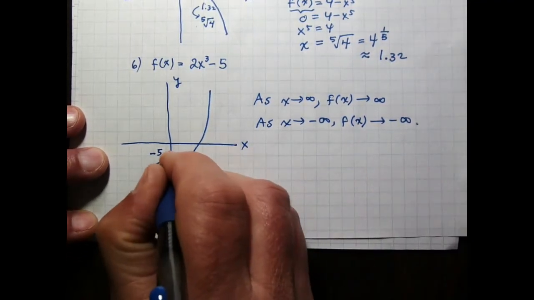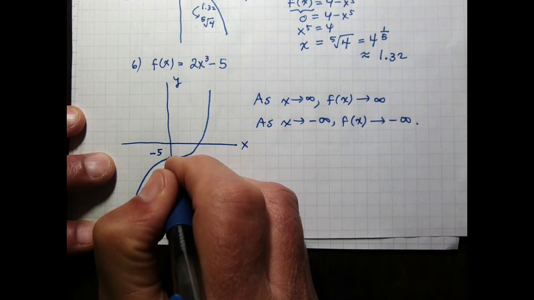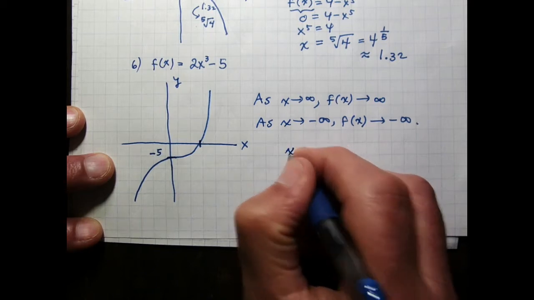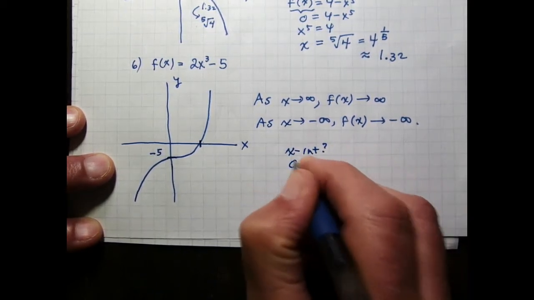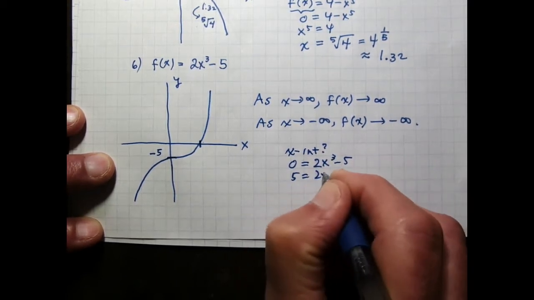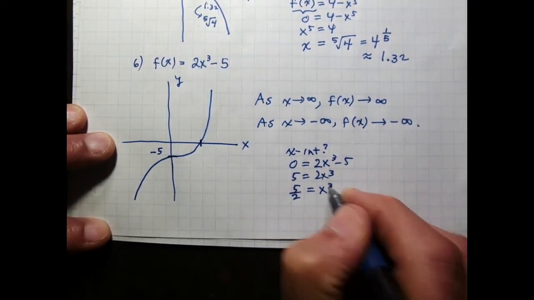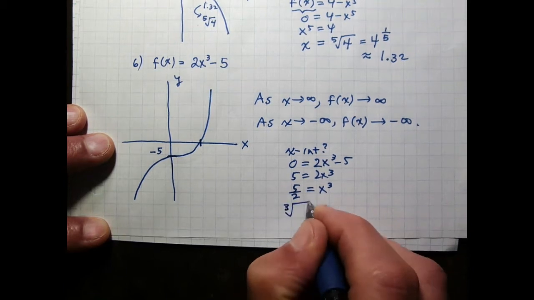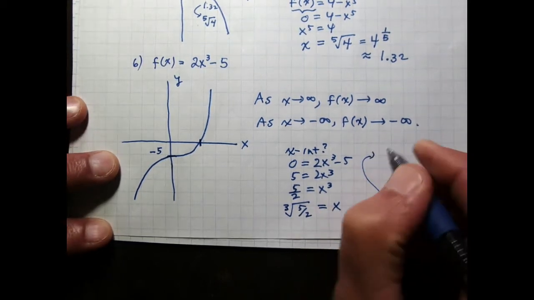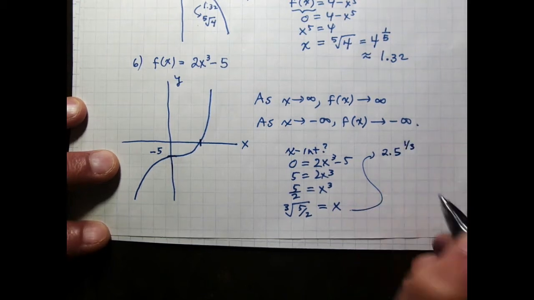So now here's a point -5 on the y-axis. X-intercept, could we find that point again? Could we set the output equal to 0? 5 equals 2x cubed. 5 halves is x cubed. So the cube root of 5 halves is x. And that's the same thing as 2.5 to the 1/3 power.